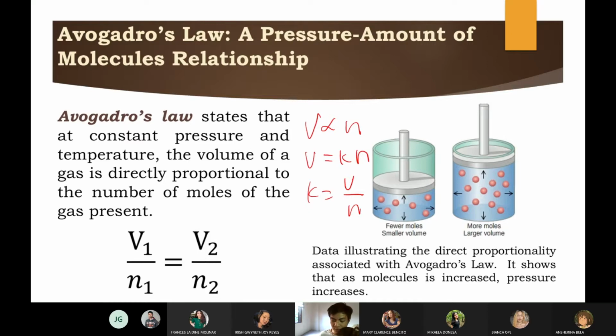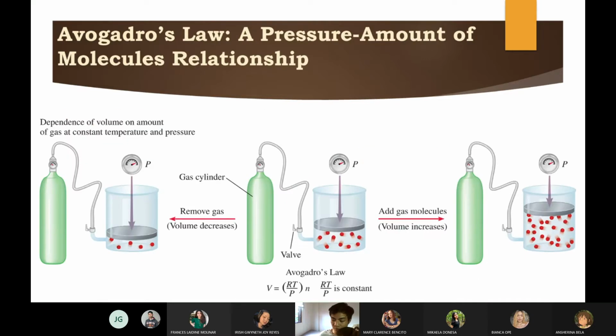Okay. So ibig sabihin, yung ratio ng volume and moles ay equal all throughout. Okay? So yan. So ito yung example. Kunwari, you have a canister, nilagyan mo ng gases. Okay. So yan. Pag marami kang moles, tataas yung volume. Pag konti yung moles mo, bababa yung volume. Okay?